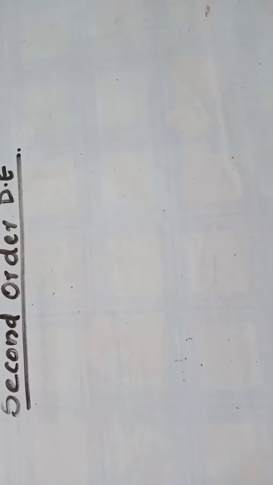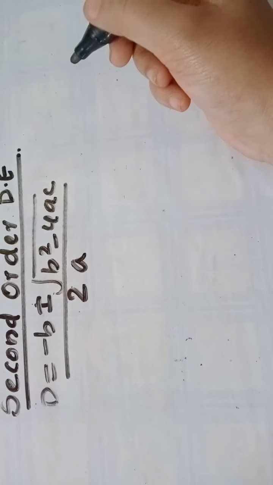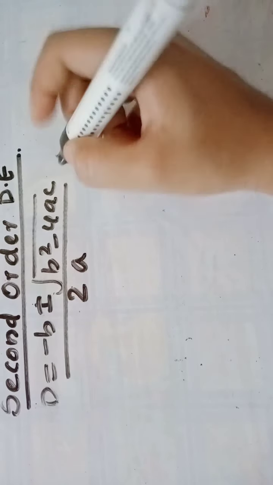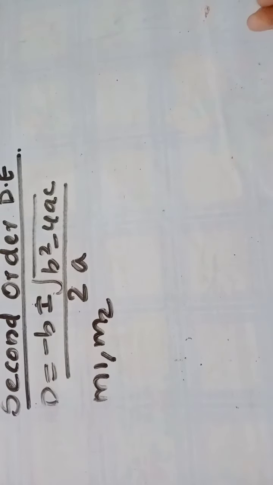From that we get two roots, represented by m1 and m2.